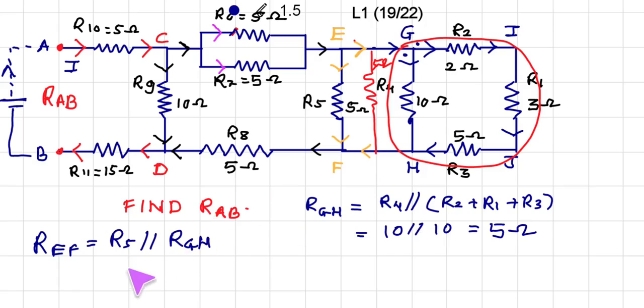So that we already know is 5. So this 5 is parallel to this 5 ohm. So here we get 5 parallel to 5, that is equal to 2.5 ohm.